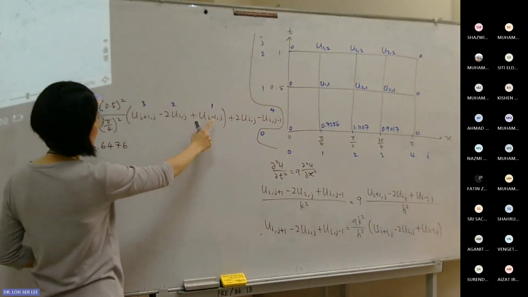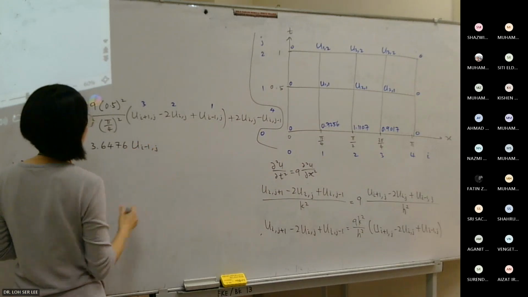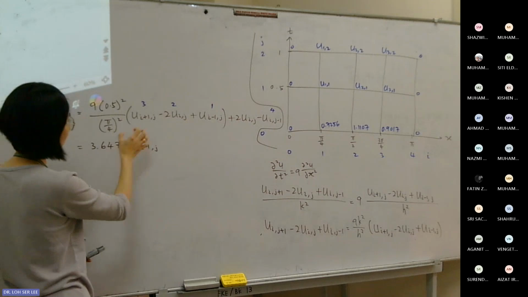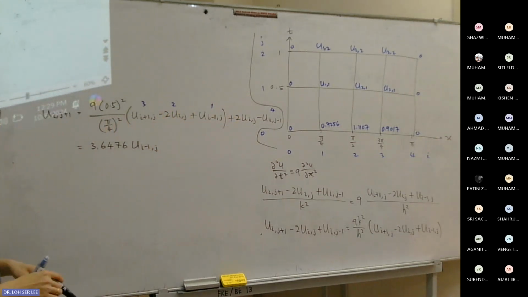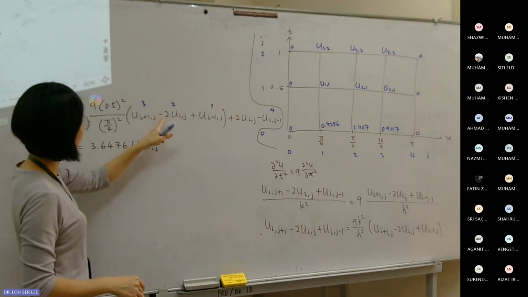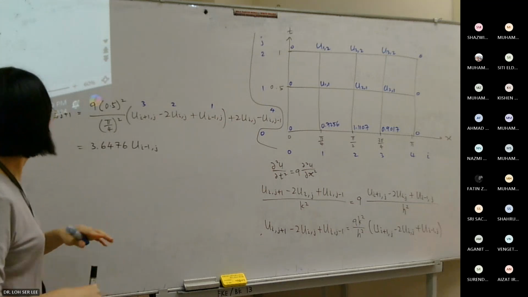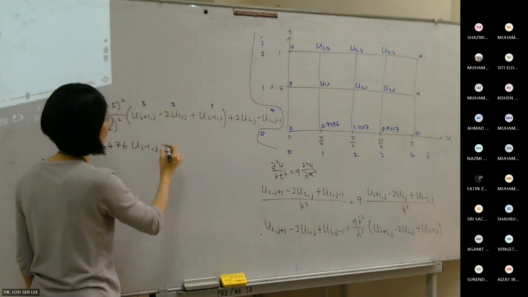So the big one times u i minus 1 first. Then this value times -2 plus 2. What do you get? This one times -2 plus 2. Minus.